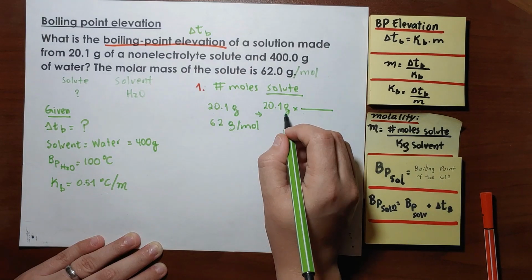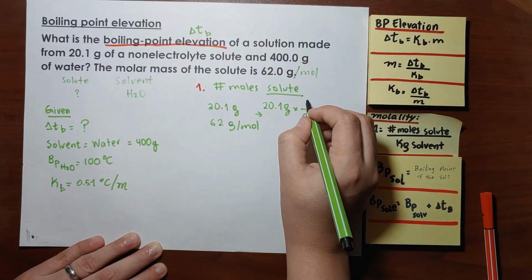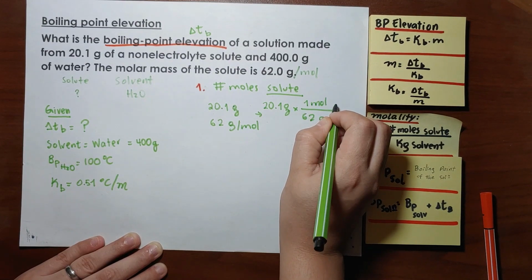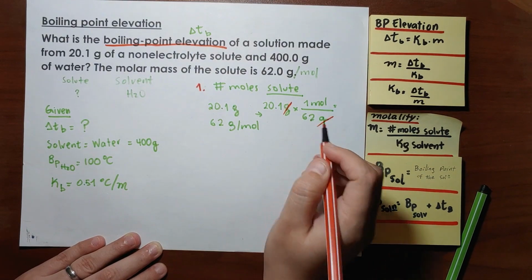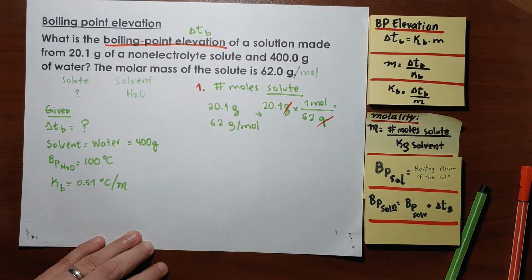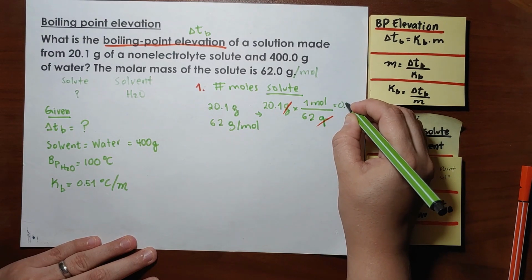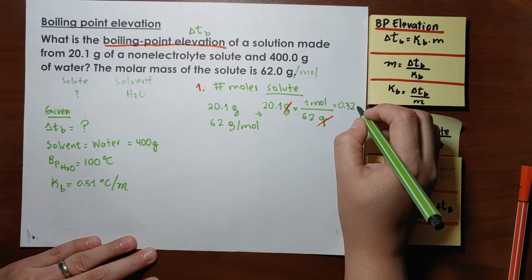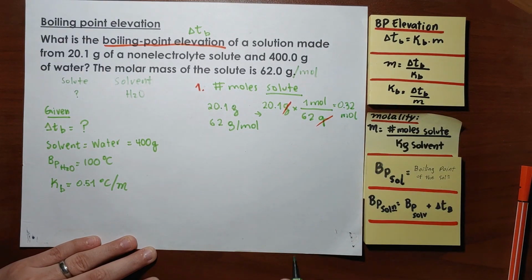In order to cancel grams, 62 grams will be below, and on top I will have one mole. Now I can cancel grams and grams, and I'm going to have moles. This gives 0.32 mole of solute.